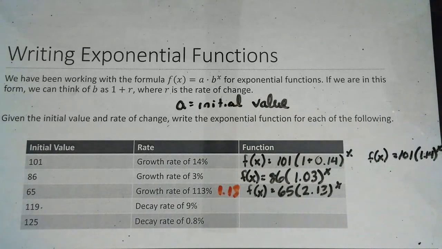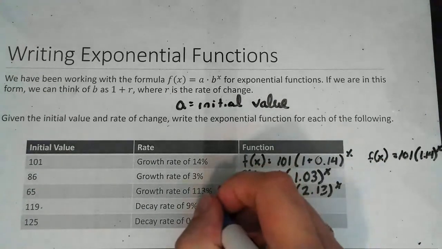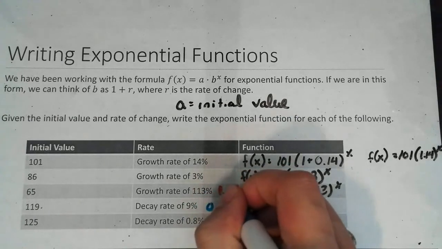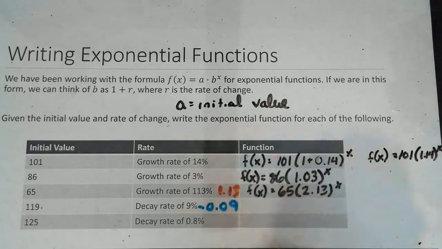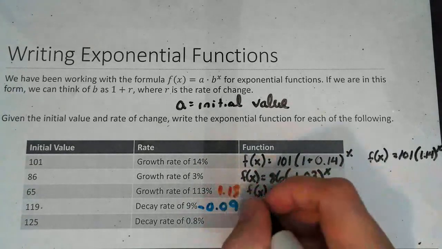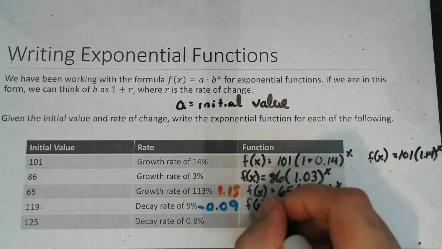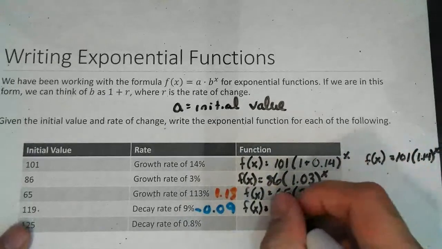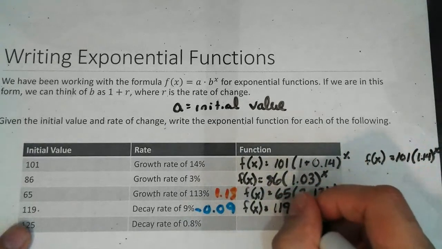But then we see this decay rate of 9%. How do you think that's going to change things? Well, decay means we're decreasing. So our r value in this case is going to be 0.09, but because it's decaying, it's going to be negative. So when I set up my function, I'll have f of x is equal to, my initial value is 119.